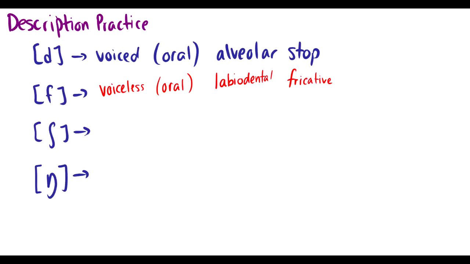Okay, what about sh? Okay, sh is voiceless because we can't feel the vibration. It's an oral sound. It comes through our oral cavity, our lips. Well, it goes out of our lips, it goes out of our mouth, so it's oral. Now, where is it located? Well, let's take sh. Okay, I can't really feel where it is.